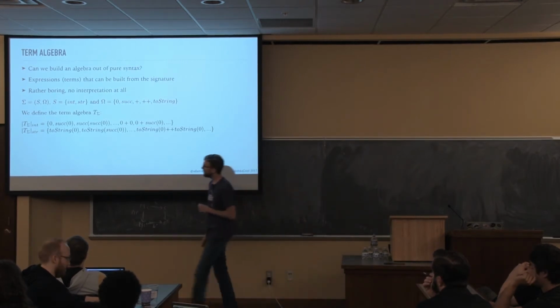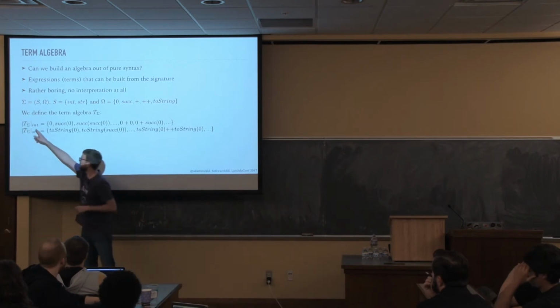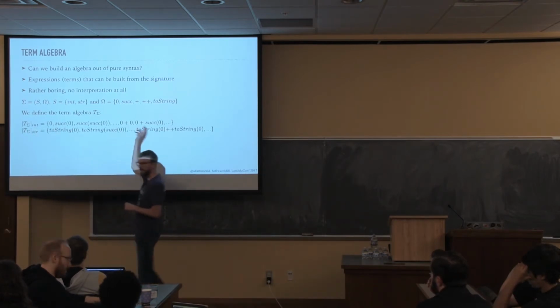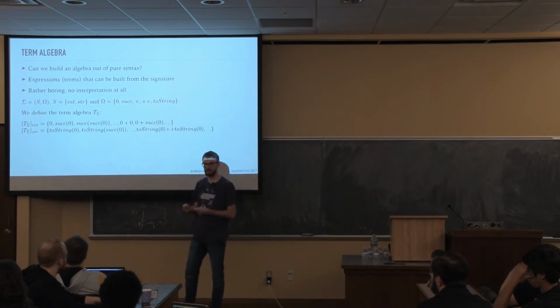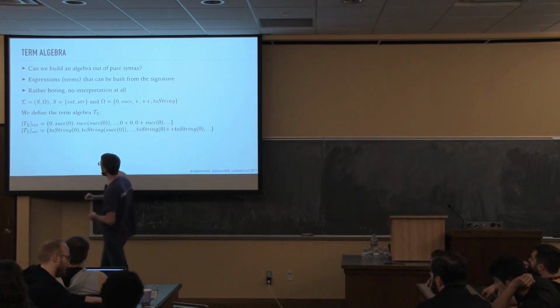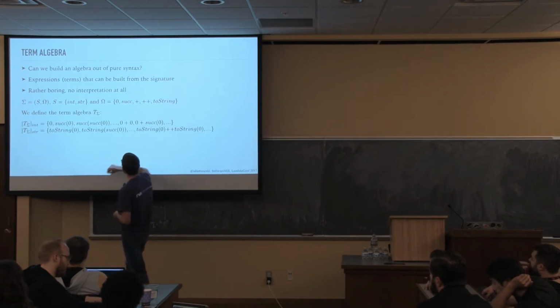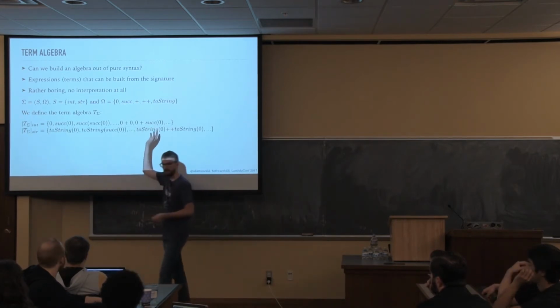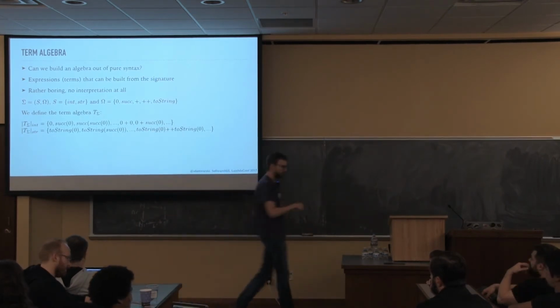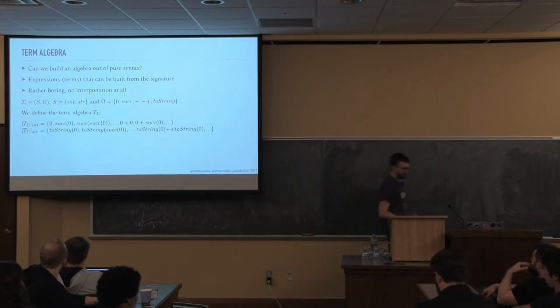Okay, so here the interpretation of the int type in the term algebra will be all expressions of type int that we can build with our syntax. Okay, so that's obviously 0, the constant, successor of 0, 0 plus 0, and so on. Okay, so these are like all valid programs, all valid expressions that we can build with the syntax.